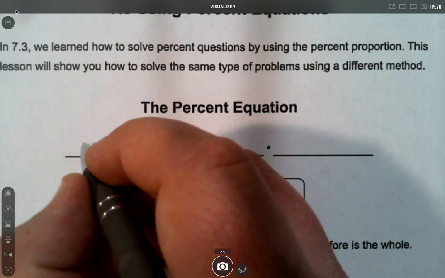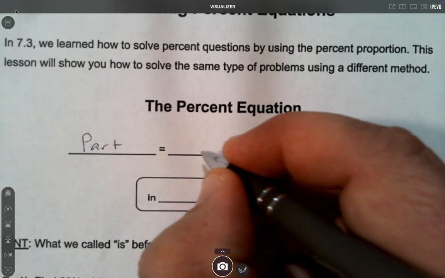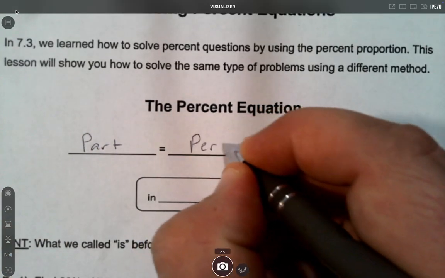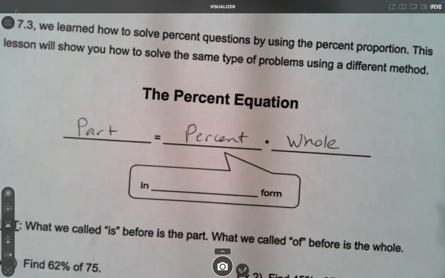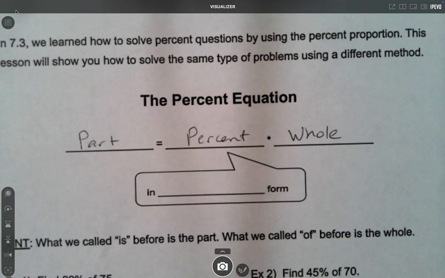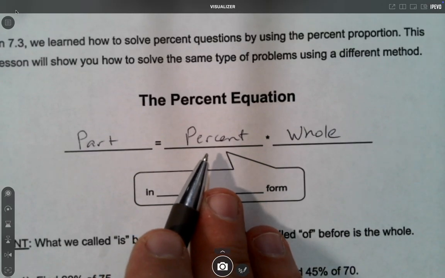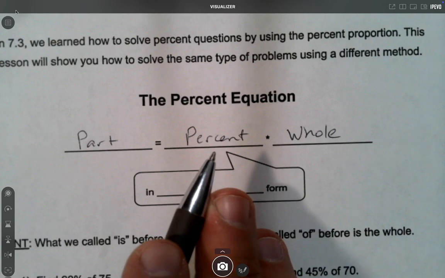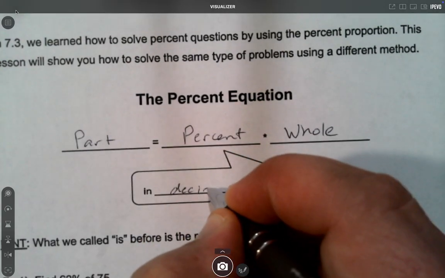The percent equation, we have part equals percent times the whole. Now, one important thing to remember, though, is when we did the proportion, we left the percent as a whole number. Like if it said 45%, we plugged in 45. But in this one, you'll plug it in decimal form.